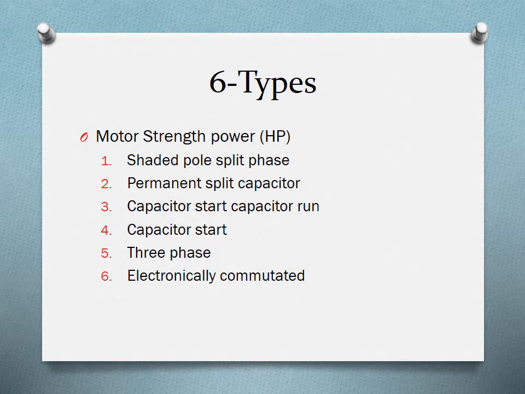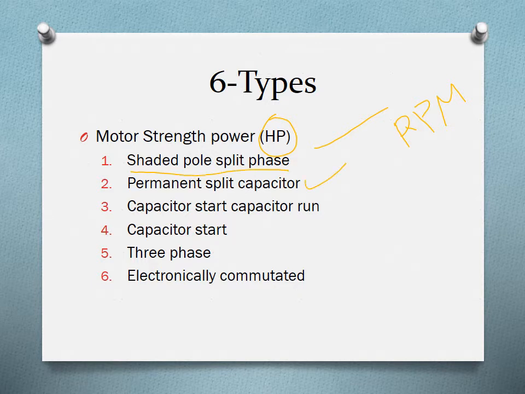Okay, so we have 6 types of common motors. We'll go over them, and you don't have to remember all of them, but they are different. Motor strength is usually measured in horsepower. Two things we need to know: horsepower and also the RPM, which is revolutions per minute. There is something called a shaded pole split phase.